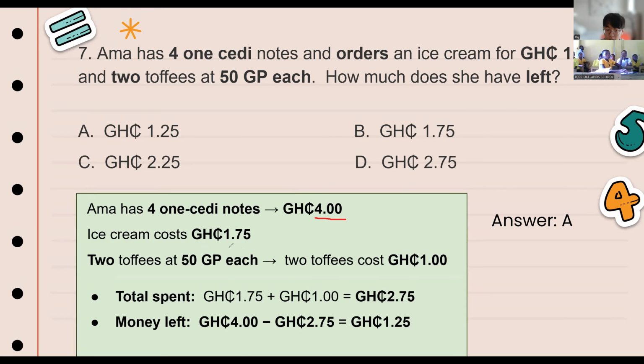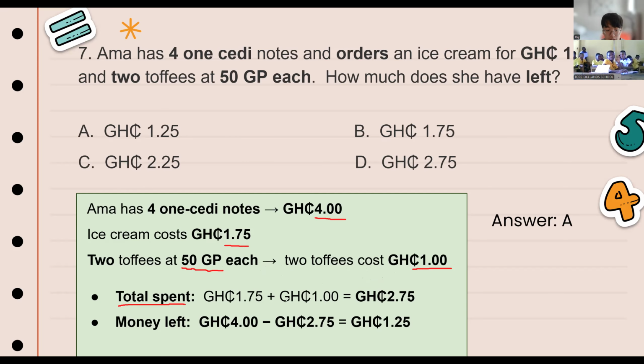An ice cream costs 1.75 cedis, and she buys two toffees, which are 50 pesos each. So 250 pesos equal one Ghana cedi. So how much did she spend in total?